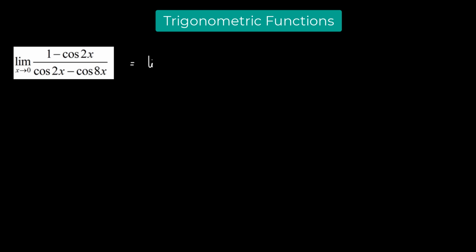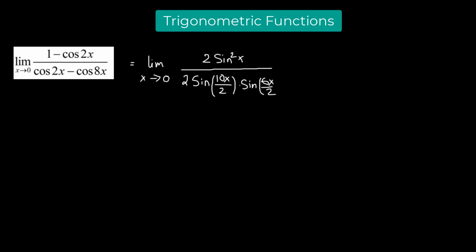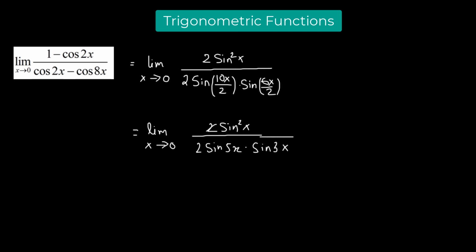So we first change the numerator, so 1 minus cosine of 2x is equal to 2 times sine squared of x divided by, so we have cosine of 2x minus cosine of 8x, so that will be equal to 2 times sine 10x over 2 times sine 6x over 2, which will be equal to limit x approaching 0 of sine squared x divided by 2 sine 5x times sine 3x. The 2 and 2 get cancelled.